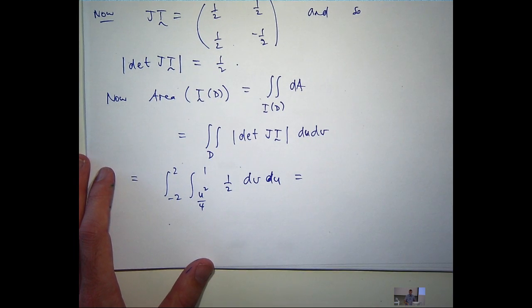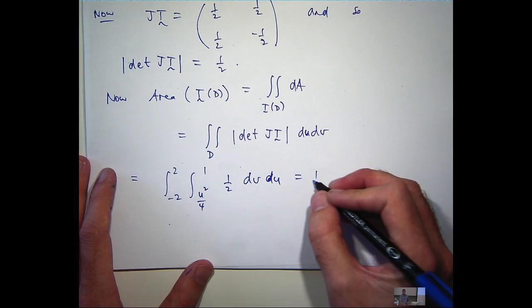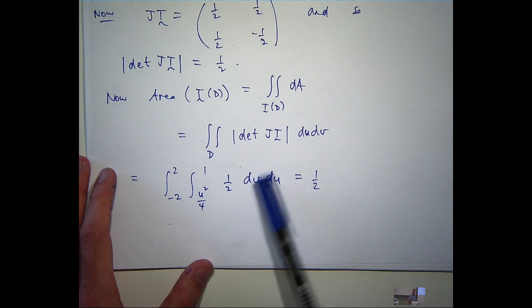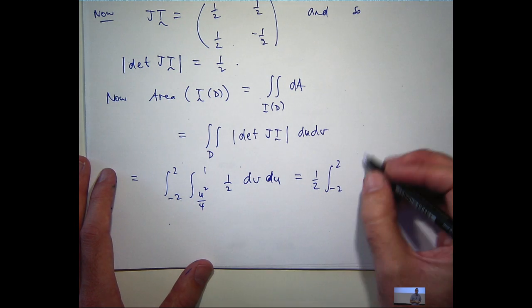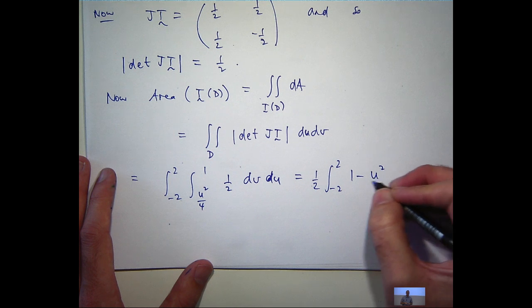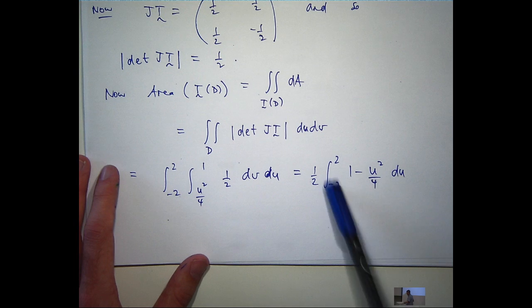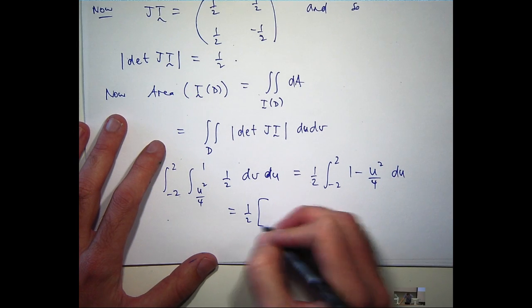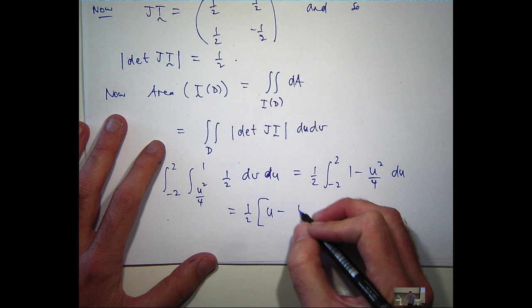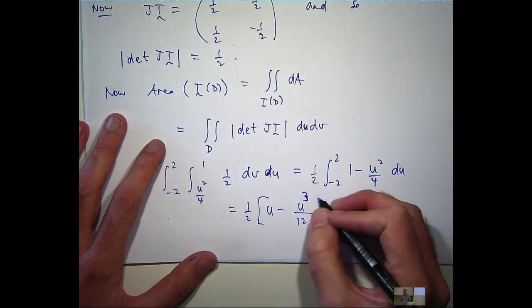All right, so this is just a constant now. So I can actually take that out the front, do the inside integral. The inside integral is going to give me something like 1 minus u squared on 4. And then I've just got a single integral here. So if I do that single integral, I'm going to get u minus u cubed on 12.